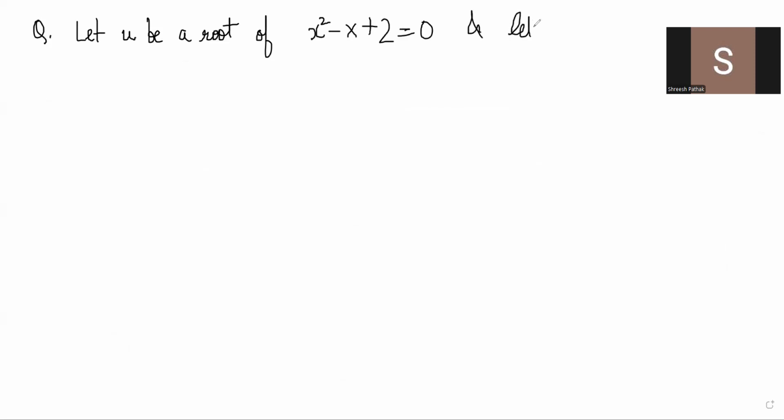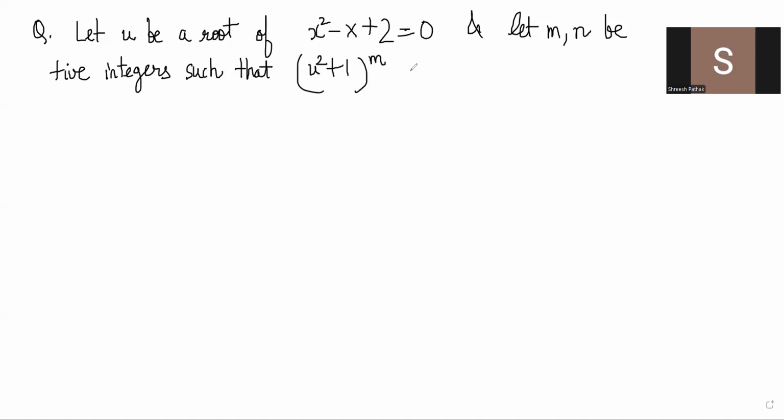Let's look at another problem. Here we have, let u be a root of x square minus x plus 2 is equal to 0, and let m and n be positive integers such that (u square plus 1) to the power m is equal to (u square minus 1) to the power n.